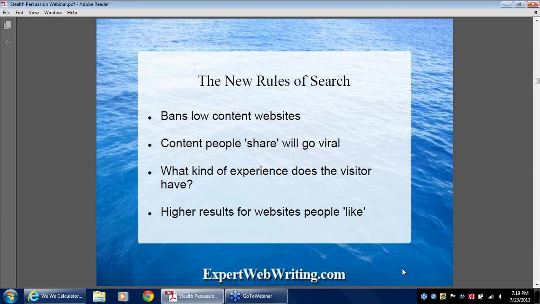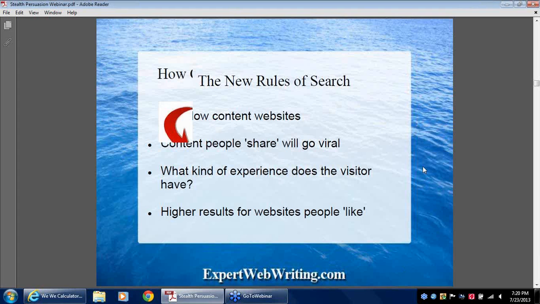Google can tell if content is low or no one cares about reading it. Also, are people sharing your stuff? Are they sharing it on Facebook and Twitter and Pinterest and all these places? What kind of experience does the visitor have? Are they staying longer? Are they engaging? Are they leaving comments? Also, higher results for websites that people like. So if people like your website, you'll actually be rewarded with higher search positioning.